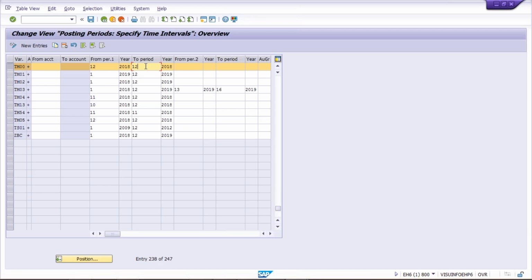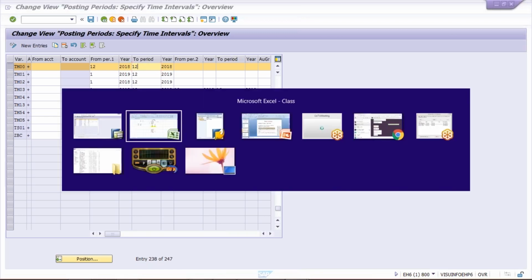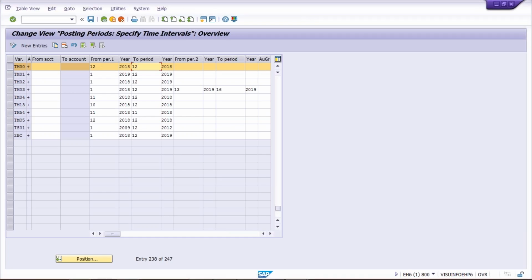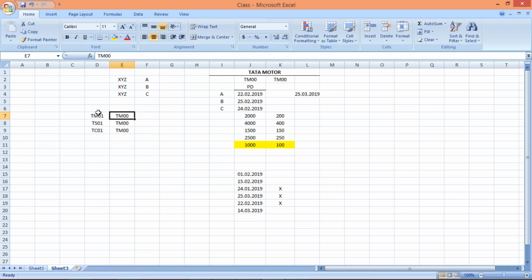But if every company code is going to follow April to March itself, then create a posting period variant and assign it against all 100 company codes. And here the benefit is, once you open this posting period against your posting period variant, let's suppose the 12th period, March month, then March month is going to be open against all company codes that have been linked with this posting period variant.